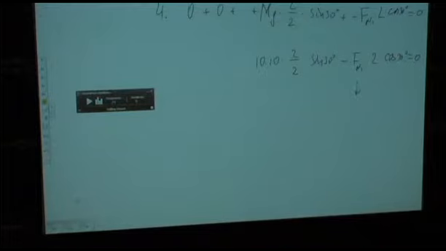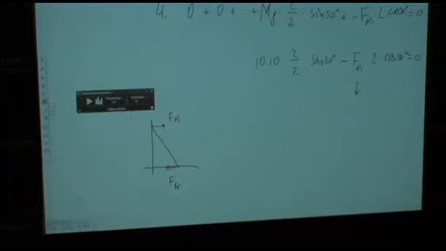Well, that's not what we want to calculate, but in this situation, actually, this number automatically gives the answer, because we have only 2 horizontal forces acting on this ladder. Only 2.